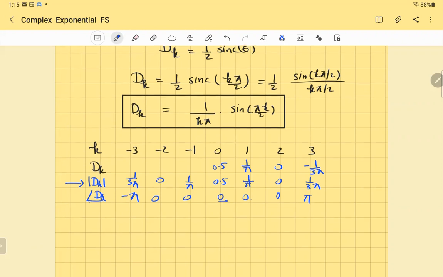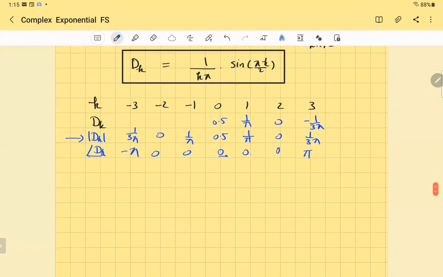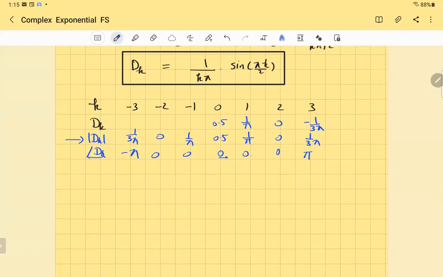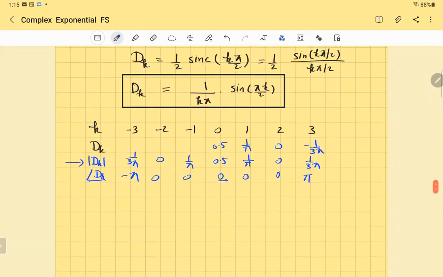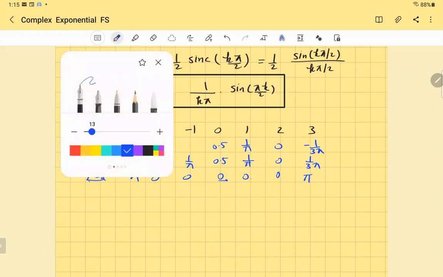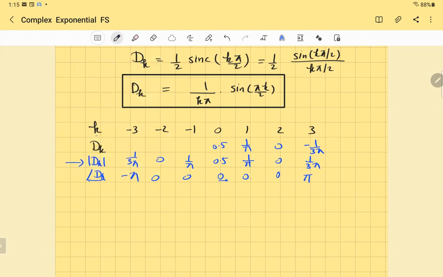And now we can sketch the line spectrum. If you want to do it with the frequency, okay, let me do it with the frequency. How do you do the frequency? I should have left space here for omega naught, but I'll write it at the bottom here. Excuse me for that. I should do it just below k, but let me write omega. So omega at 0 is 0. At 1, it's the fundamental. What's the fundamental frequency?